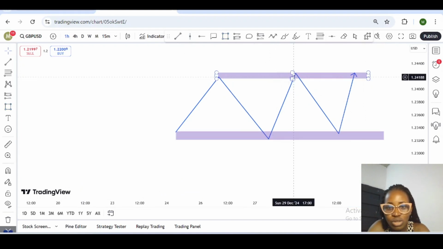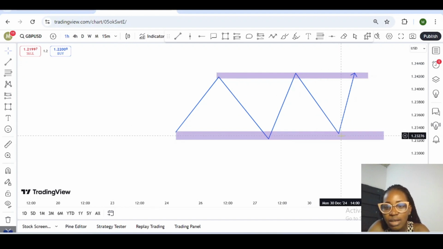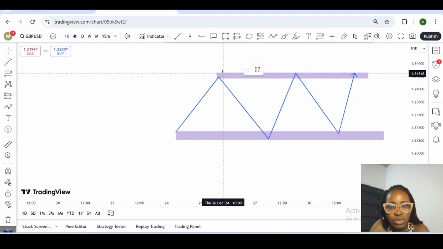Retail traders have come into the market to sell on this support level, placing their stop loss just a little above this point. And there are also people that come into the market believing the market is going to push higher, placing their buy order here, and some have also picked an entry here, placing their stop loss just beneath here. The liquidity we are talking about is this.